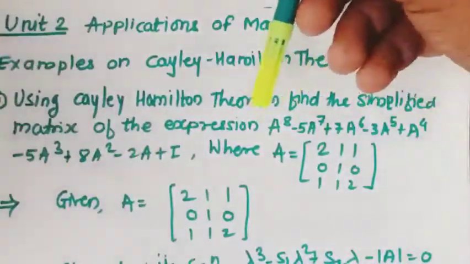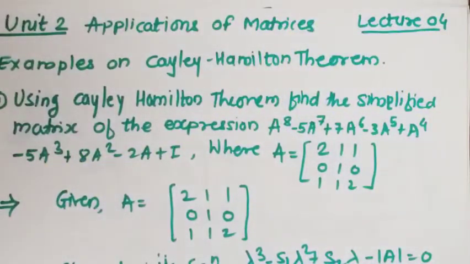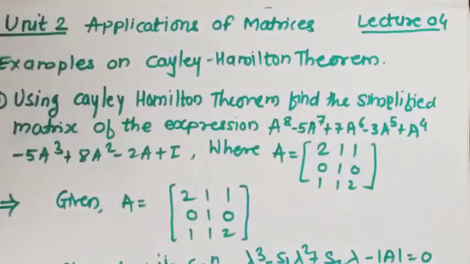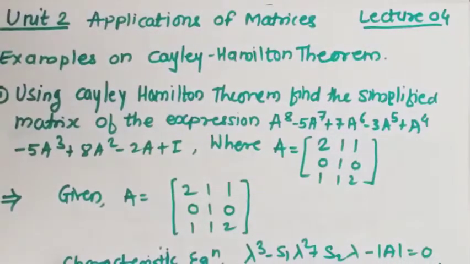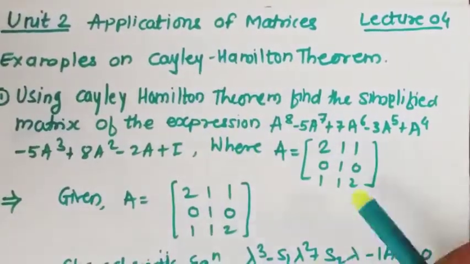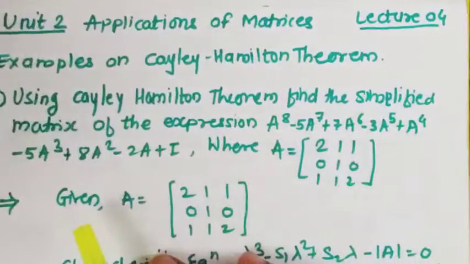Whenever such expressions are in front of you, and you want to calculate their value using Cayley-Hamilton theorem, let us see how we are going to do it. Very first you need to apply Cayley-Hamilton theorem. What is the statement of Cayley-Hamilton theorem? It states that every square matrix satisfies its own characteristic equation.